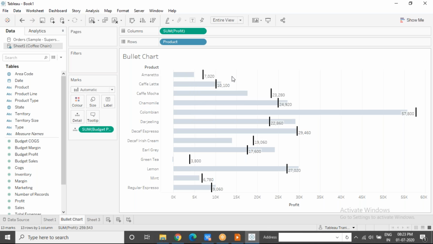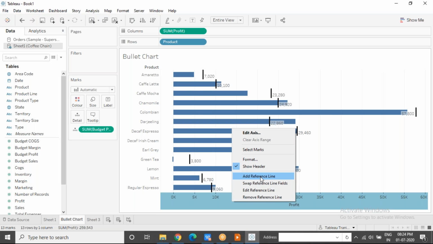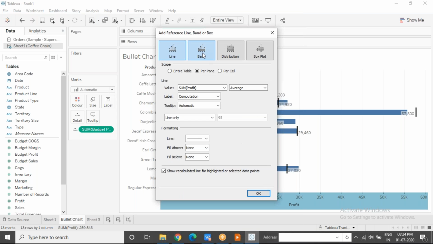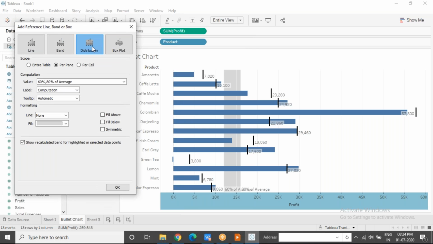Means distribution, reference distribution. I need to put a reference distribution here. How do we put a reference distribution? Same procedure. Right click on the axis and choose to add a reference line again. This time what we are trying to add is a reference distribution. Select distribution. And what is it that we want to add?